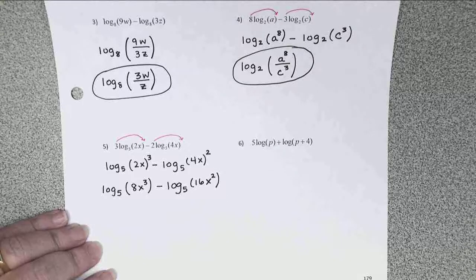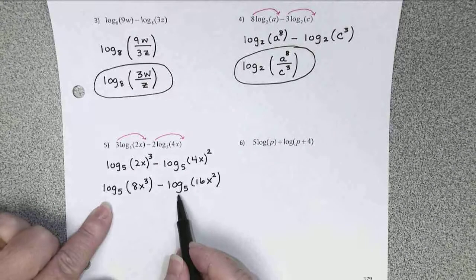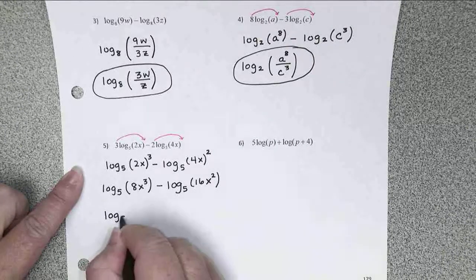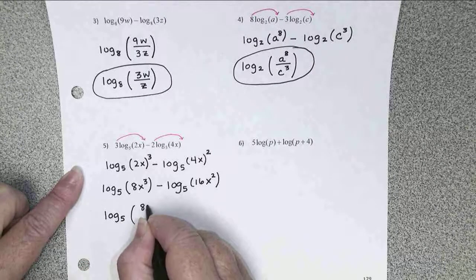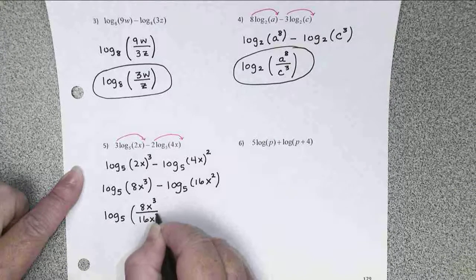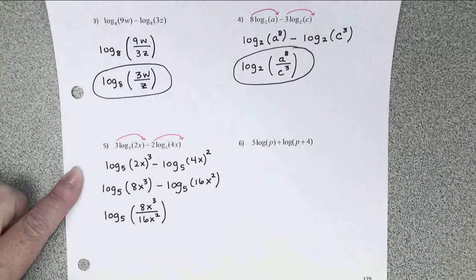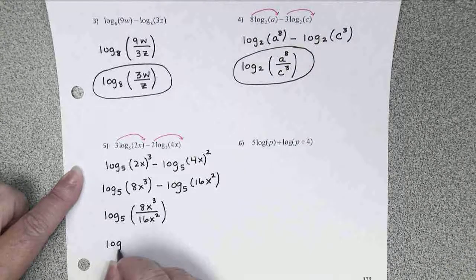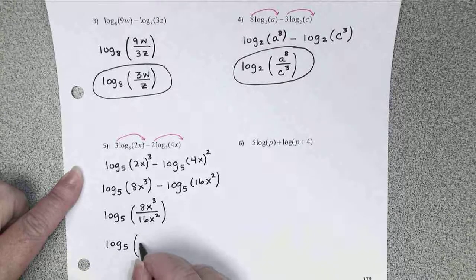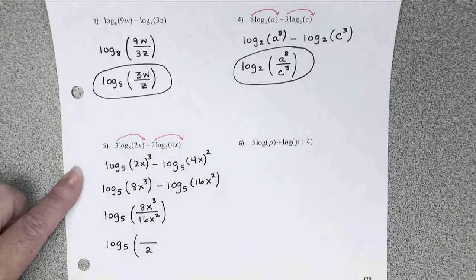Now I'm going to bring my 2 logs and combine them into 1. It's subtraction, so I know I have to use the quotient property. And this time, since I've got the same variables here, I can go ahead and simplify a bit more. Let's see. 8/16 would simplify to 1/2, so I've got a 2 in the denominator.